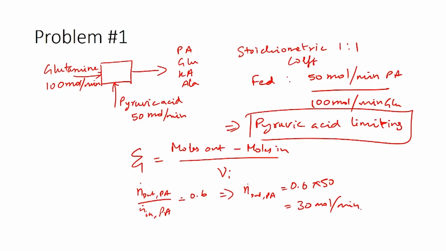So the extent of reaction using pyruvic acid would be moles out, which is 30, minus moles in, which is 50, divided by the stoichiometric coefficient, which is -1, giving the extent of reaction as 20 moles per minute. We know that the extent of reaction will be the same for any component in the reaction.